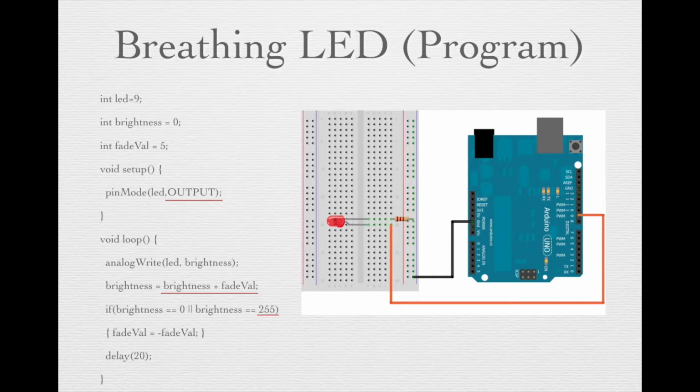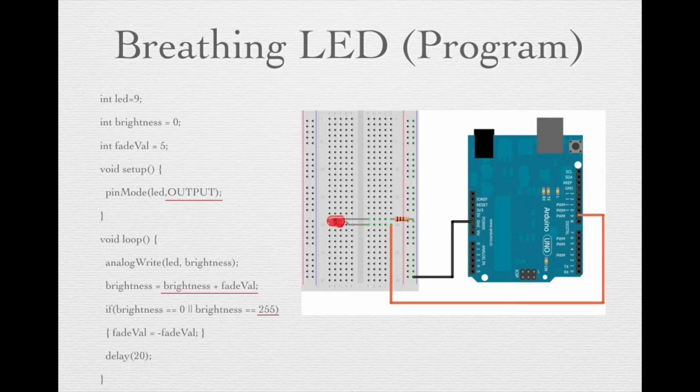Above this, if it goes to 256 or 260, overflow occurs, so the working won't be proper. So when it reaches 255, which is the maximum limit, the LED becomes maximum bright.